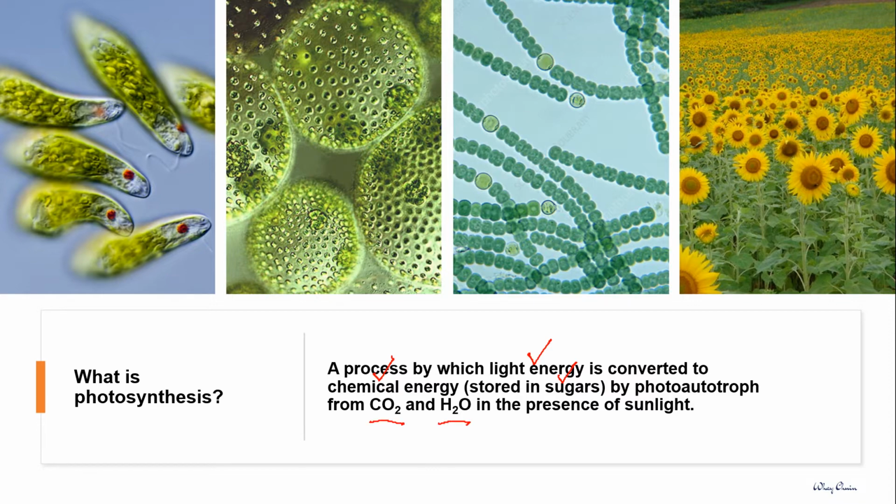The process can be conducted by a group of organisms called photoautotrophs, which means they are able to produce their own food using light energy. Photoautotrophs can be unicellular protists such as Euglena species and algae, and also the higher class of plants such as the angiosperms.